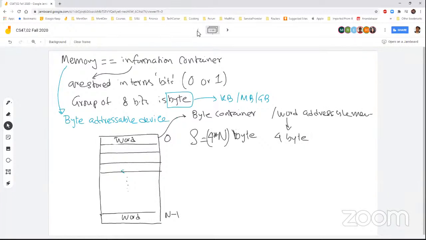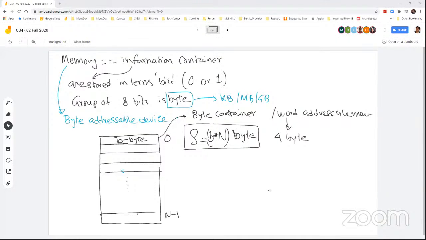In general, if each container contains B bytes, I can say it's double word addressable or half byte addressable, stuff like that. But in general, it's B times n bytes. Simple. So far, everyone agree with that?